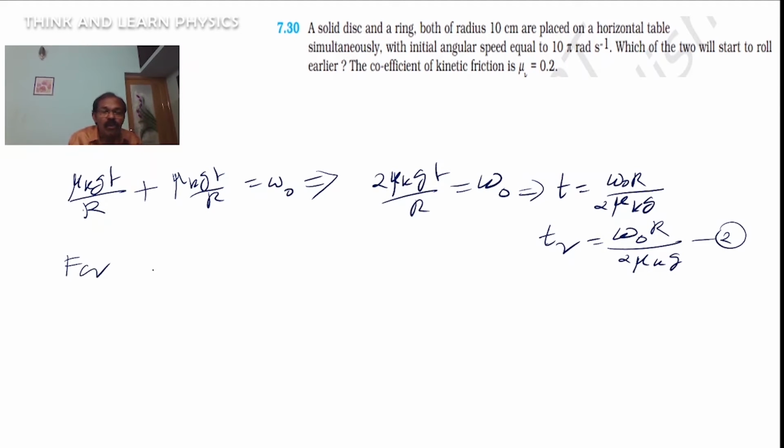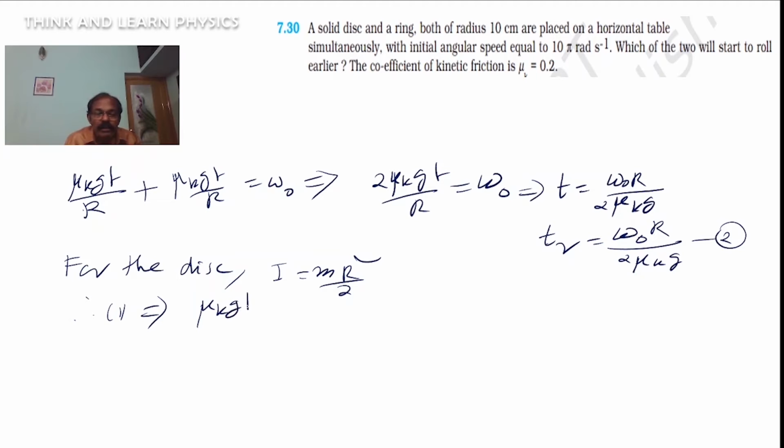Now for the disk we have I equals m r square by 2. Therefore relation 1 becomes mu k gt by r equals omega naught minus mu k mgr t divided by m r square by 2.